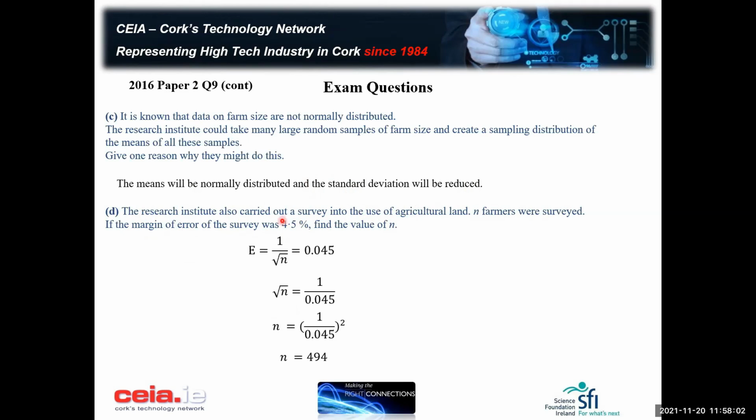You know that because they have a percentage here. But in this case, they're telling you the margin of error, and they ask you to find the value of n. The simplest way of doing that is to use the shortcut rule for margin of error being 1 over root n. 1 over root n is this 4.5%, which works out as n must be equal to 494.